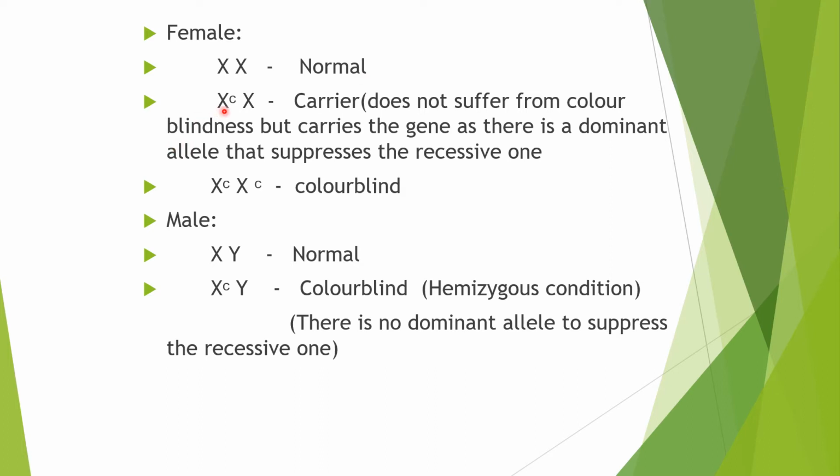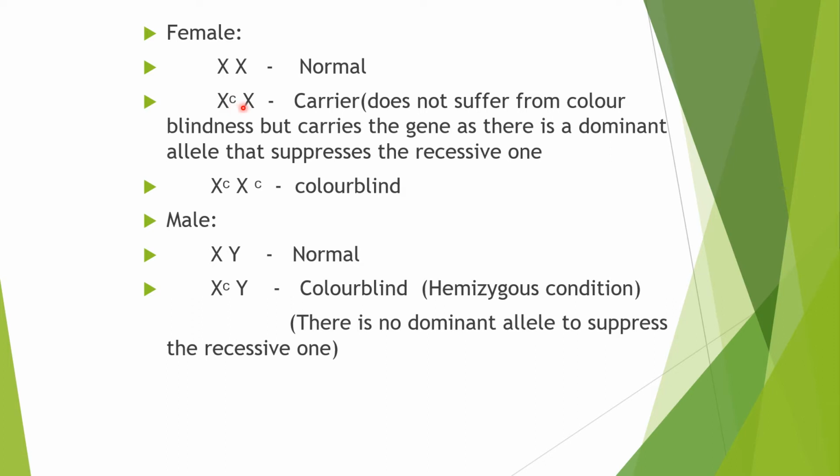Now here in the second one, this female has the recessive gene in the form of C on one of the X chromosomes, but the other X chromosome has the dominant allele, which will suppress the expression of this recessive allele that is located on the other X chromosome.